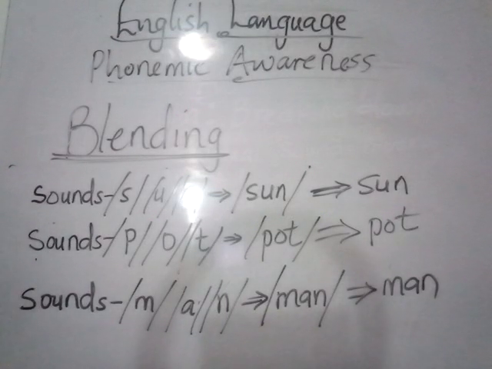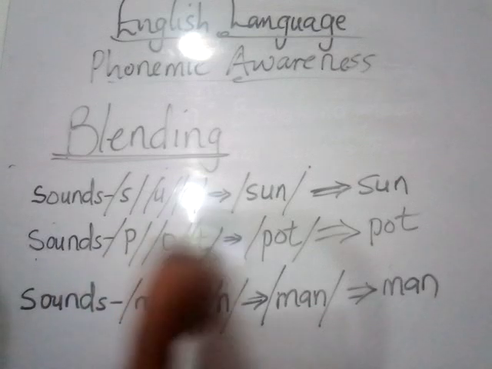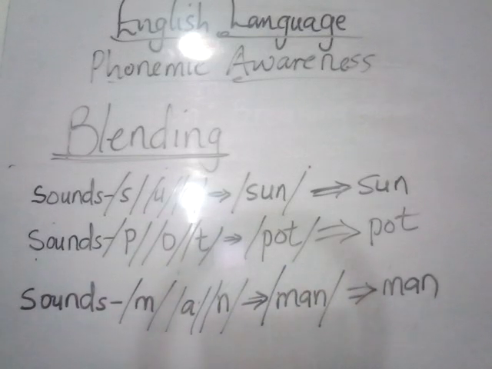Just follow the strategy that we have laid down already, considering that we have looked at the sounds of the different letters of the alphabet and how we combine them to form some words. Once you get a hang of that, you should be able to try your hands on other words. Okay, so right now we're going to move on to addition and deletion.